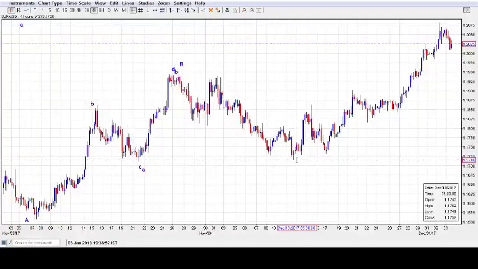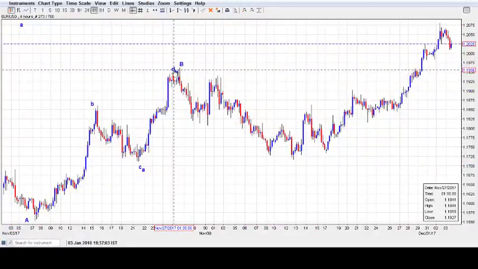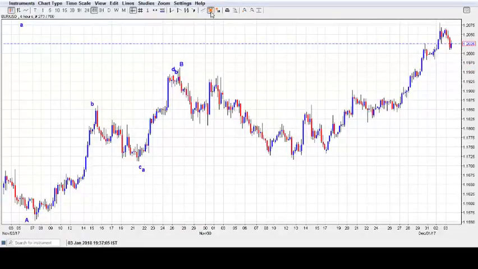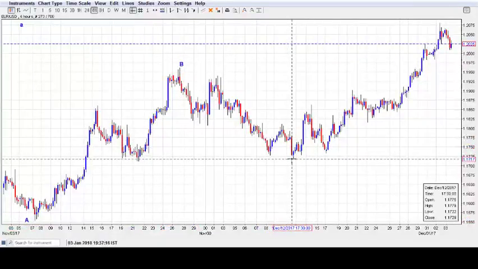So technically it's not wrong if you plot C here and D there, but with an overall structure, to simplify the entire chart, you would safely say A, B, and then a C here.